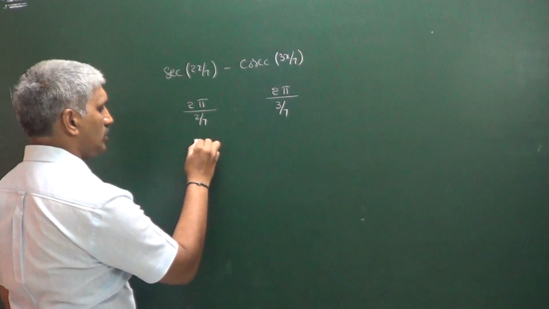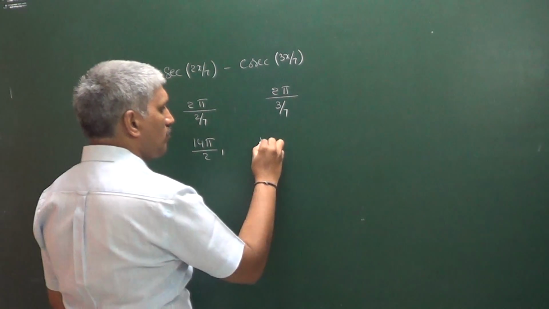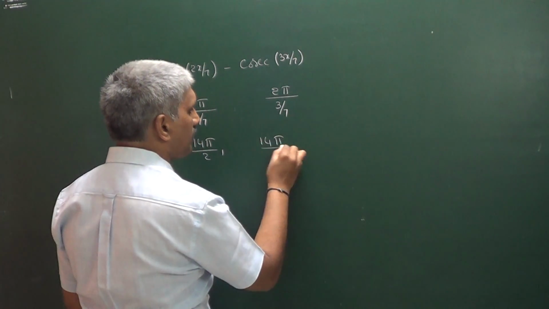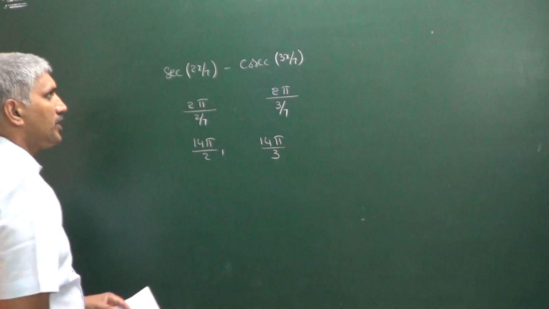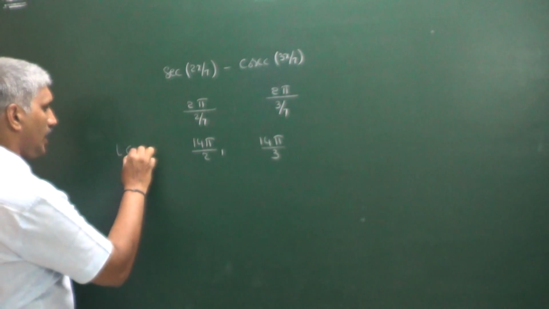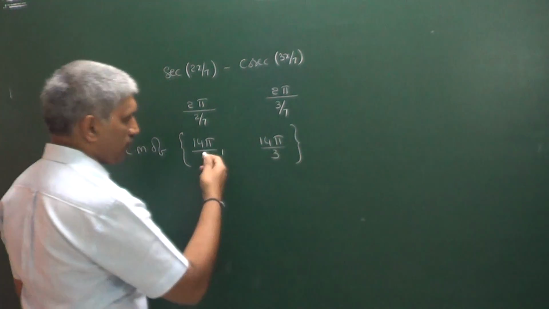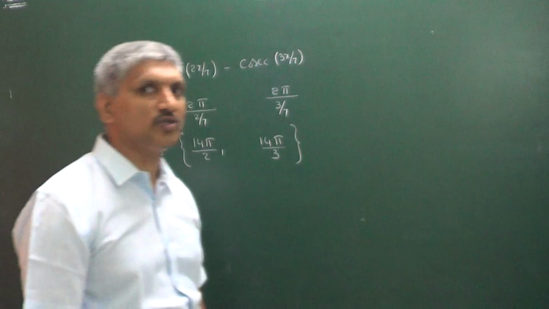Now what happened? It is 14π divided by 2, whereas here 14π divided by 3. So the period of this function is nothing but the LCM of these two. For these two, LCM means what to do?